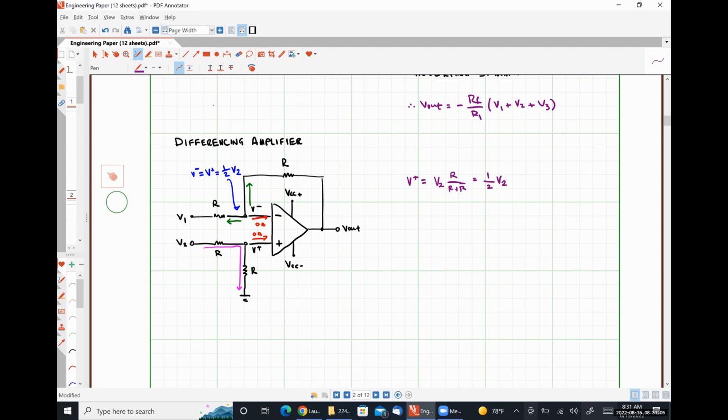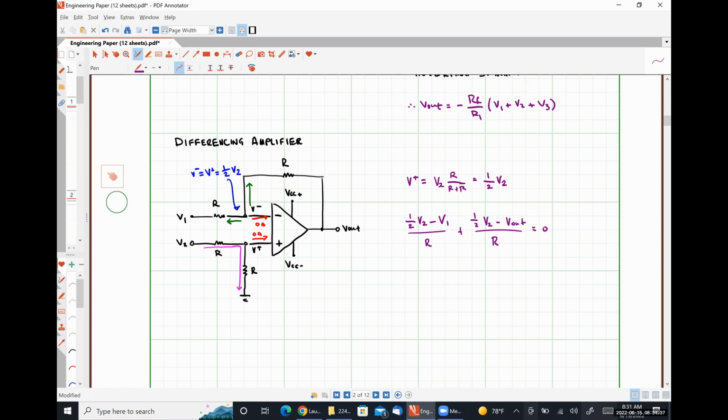So our current directed to the left is going to look like 1/2 V2 minus V1 divided by R, and our current directed up is going to look like 1/2 V2 minus V out divided by R equal to 0.